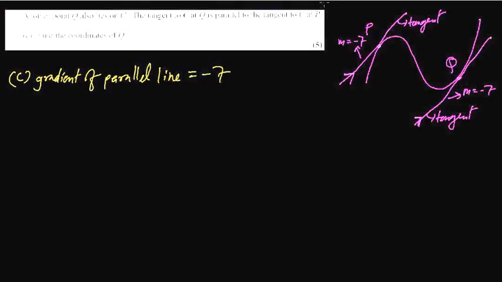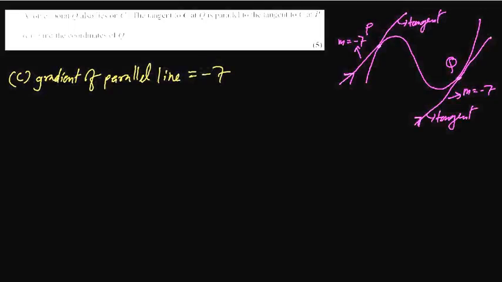Now remember, the gradient of the tangent and the gradient of the curve is the same. That means at this particular point the curve also has the gradient minus 7. Now the point is you have to find the coordinates of Q. If you know the gradient of the curve, then you can find the point at which that gradient occurs.